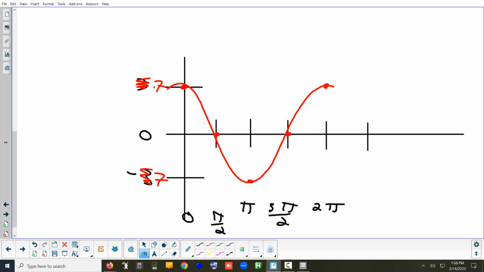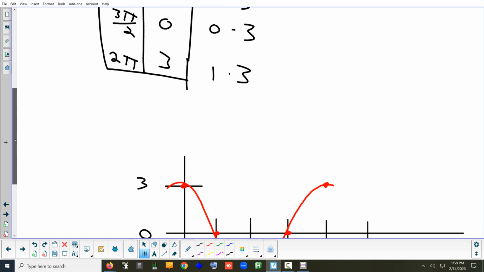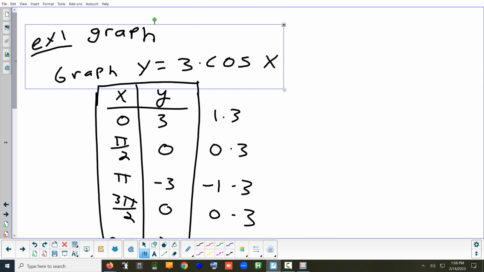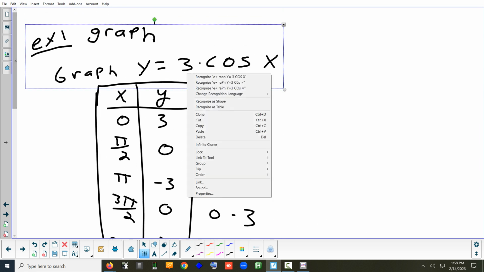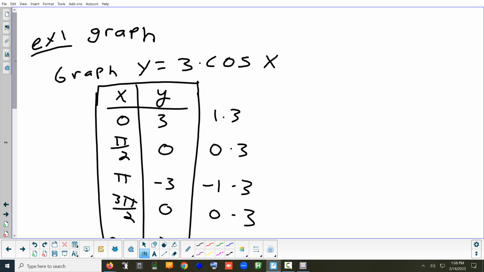I'm going to change my scale. Any questions on that? And if you don't want to change your scale, okay, that's fine. But the problem is if I give you a really big number here like 50, well, if you really want to go 50 units up and 50 units down, you're going to need a grid that's 100 units. That's a lot.